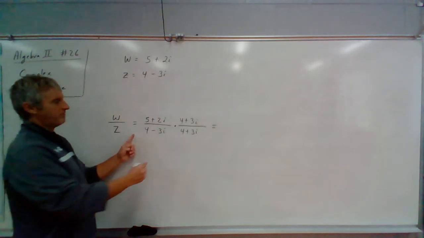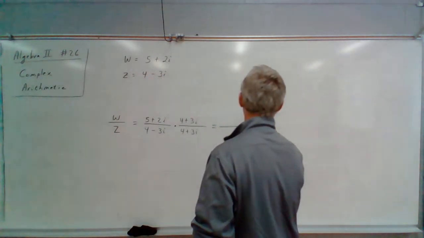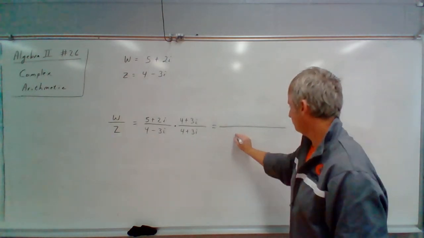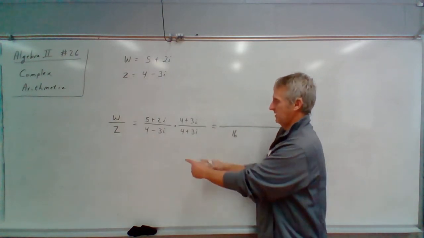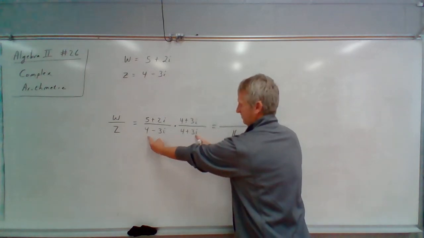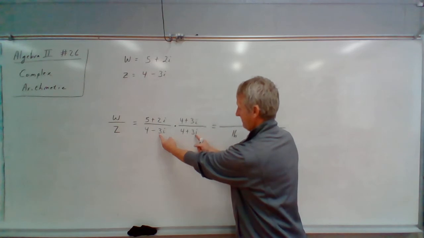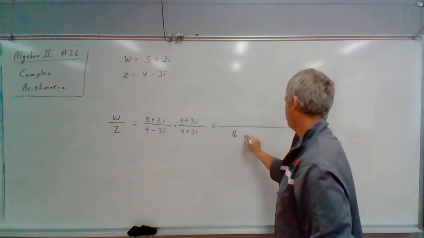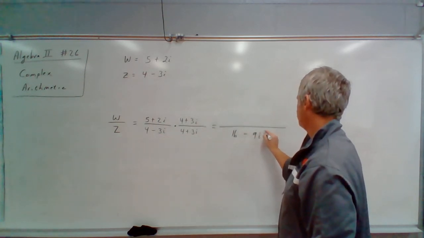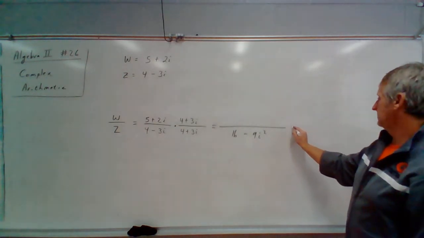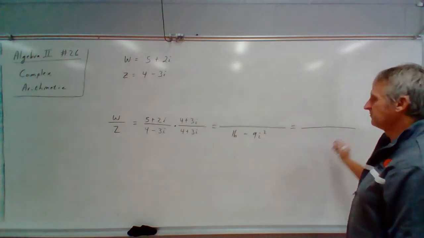Okay, so down here on the bottom, in the denominator, let's do that first. 4 times 4 is 16. The middle terms cancel. I'll have plus 12i, minus 12i, those cancel. And then I have minus 9i squared. Let's just keep working on the bottom.